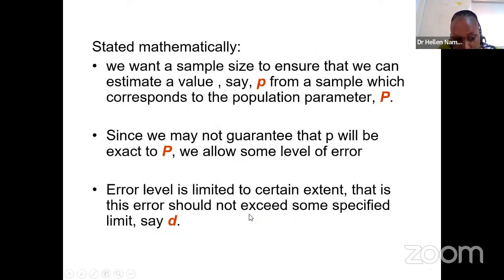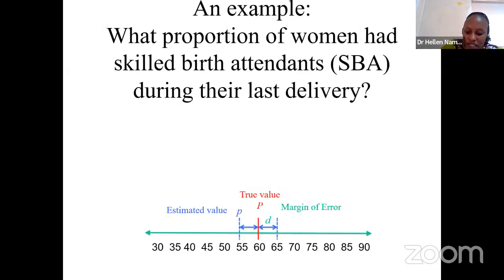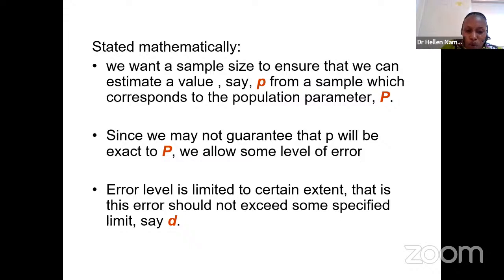So what do we want to get? We want a sample size to ensure that whatever value we estimate, in this particular case P from the sample, will correspond to the population parameter, that is the true value, capital P. But since you have no guarantee that it will really be exact, we put in an allowable level of error, which I'm calling D. It is also important that the error level is limited to a certain extent and is as small as possible.